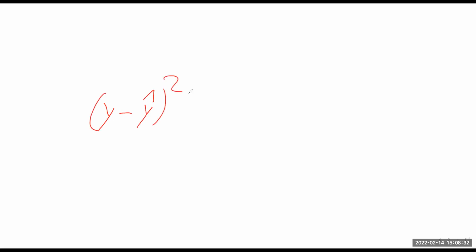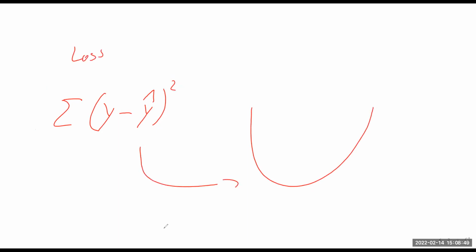That square is really what allows you to capture that. And then this is a sum and sometimes a square root, something like that. This quadratic allows you, if this is your loss function, when you plot it, it looks like that. And this is just a classic example for linear regression.